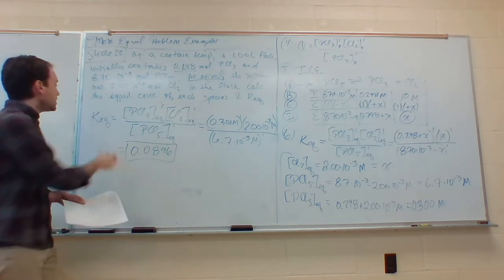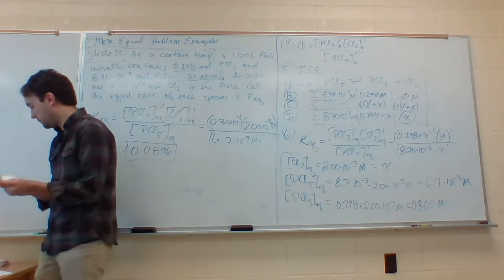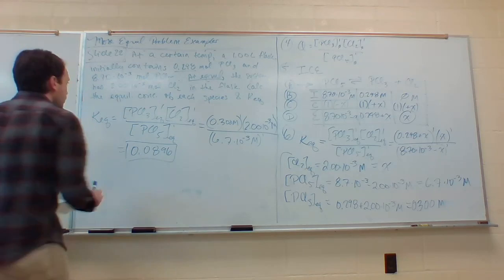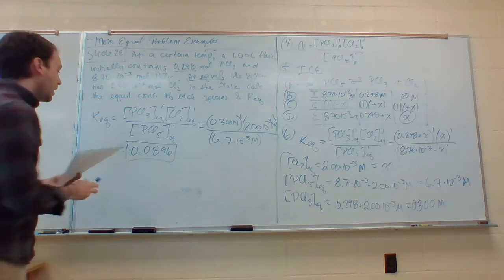Again, it's going to have no units because our equilibrium constants don't have units. All right? So those would be how you do examples of our equilibrium type problems.